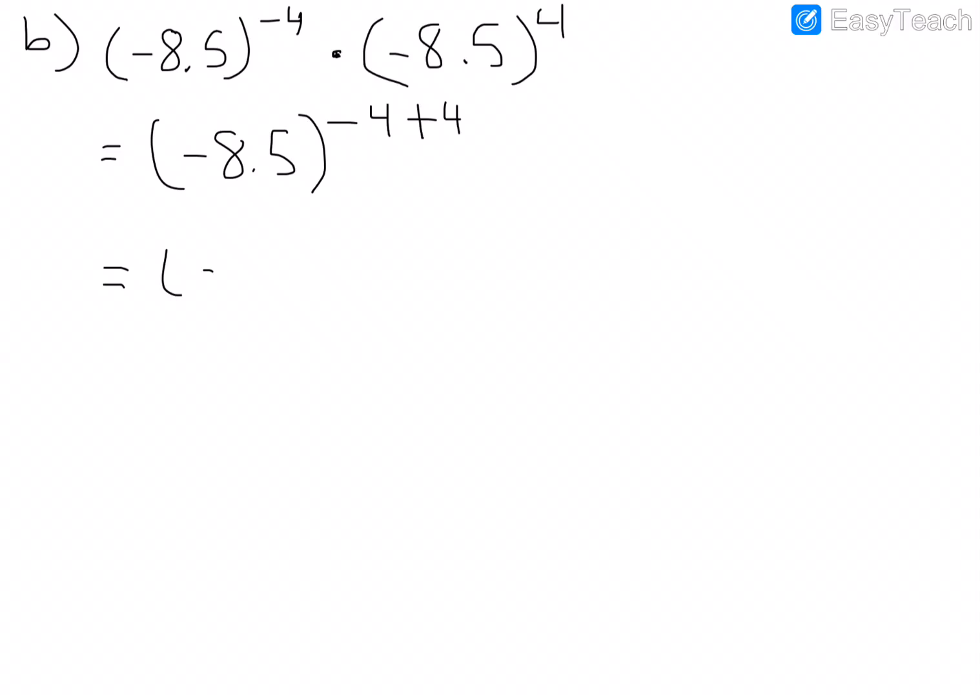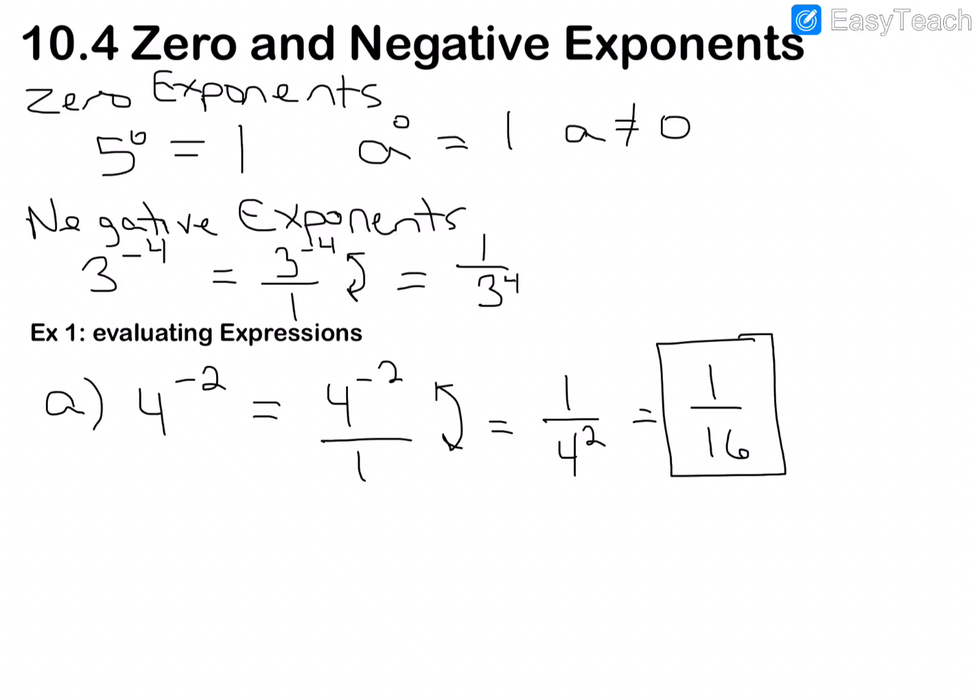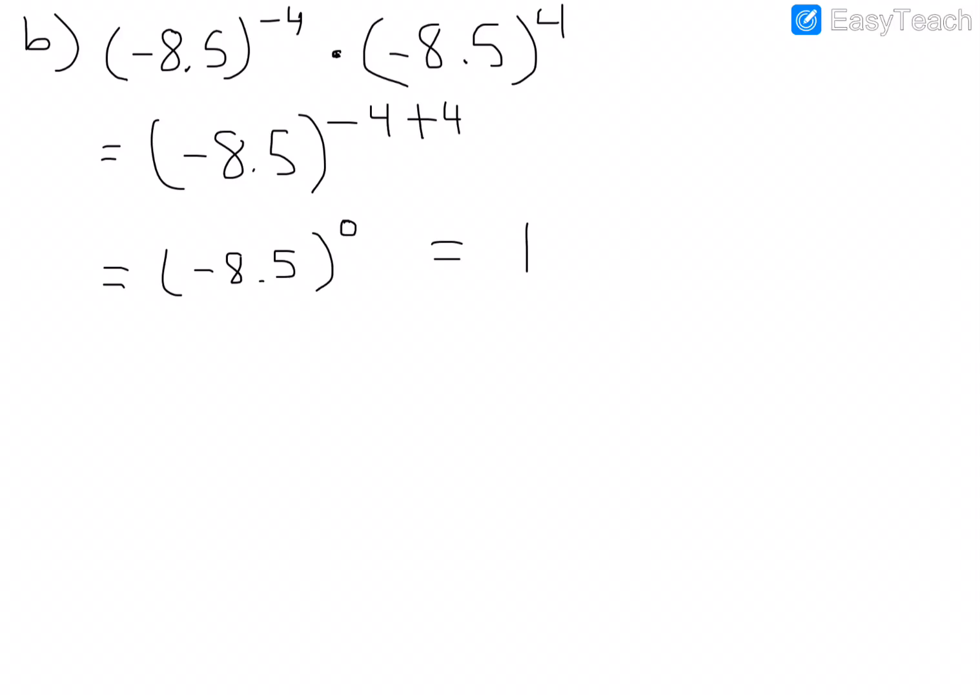So that's going to leave me with (negative 8.5) to the power of negative 4 plus 4, which is 0. So what is negative 8.5 to the power of 0? If we remember from this page, anything to the power of 0 that is not 0 is 1. So my answer is 1.